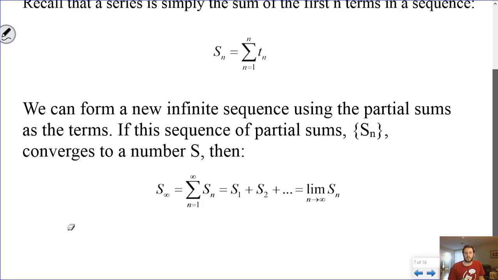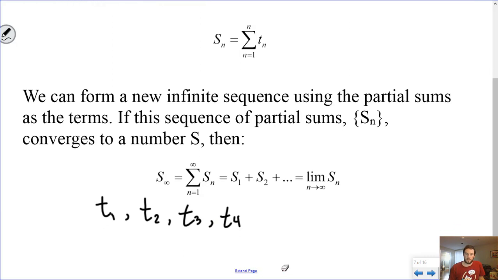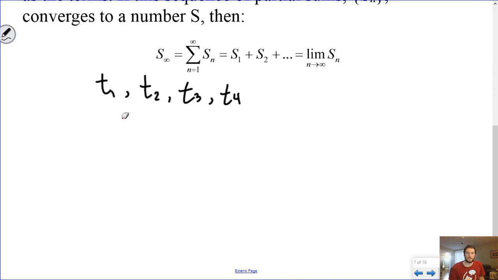What I mean by partial sums: if I have some sequence that starts off t1, and then the next term is t2, and then t3, and then t4, right? What we can try to do with the series to find the infinite sum is to take a look at what happens. S1 is equal to term 1. And then S2 is telling us to sum the first two terms.